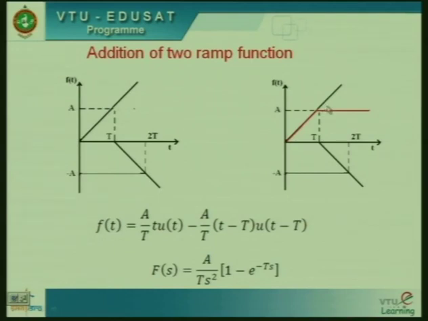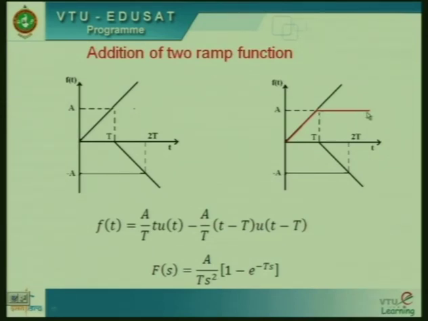So, if I add two ramp functions, then the slope of the resultant function is equal to the slope of the first function plus the slope of the second function. So, this slope is a by T, whereas the slope of the second function is minus a by T. If I add these two ramps having a slope a by T and minus a by T, the resultant signal has a slope of 0.